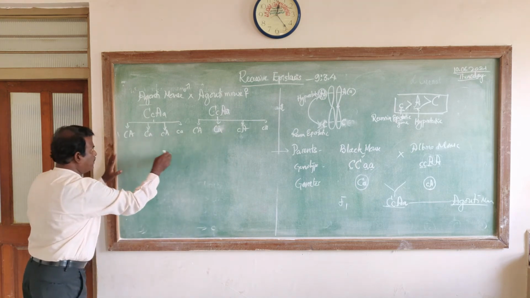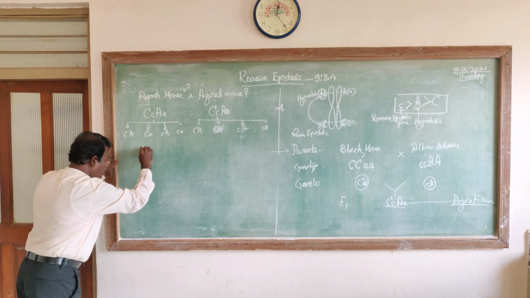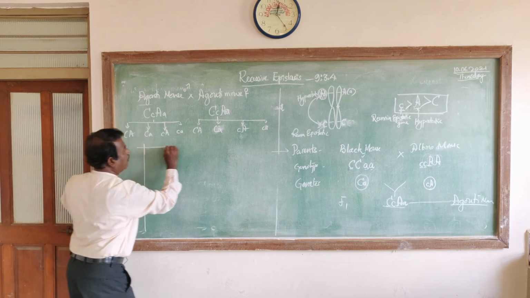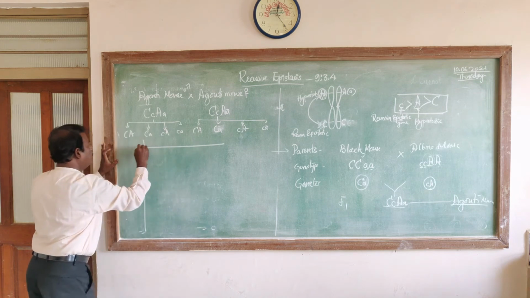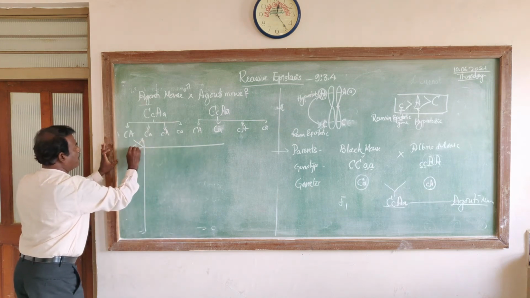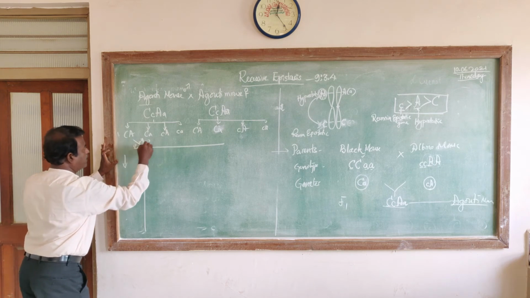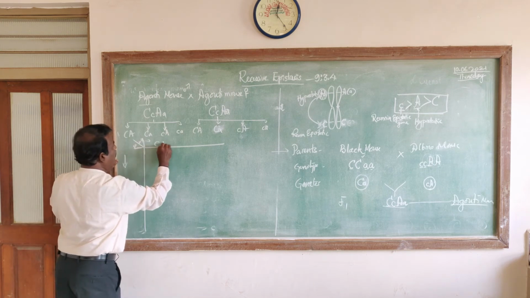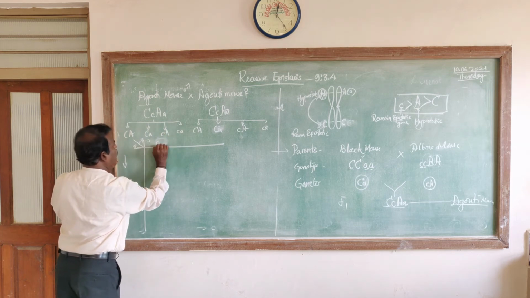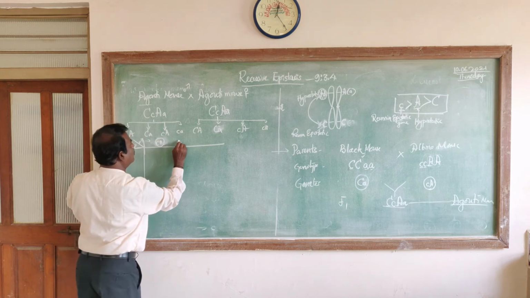So as to represent the possible zygote formation types, we need to draw a Punnett square or checkerboard with gametes of the male parent and gametes of the female parent. Here I write capital C, capital A. Second one, capital C, small a.